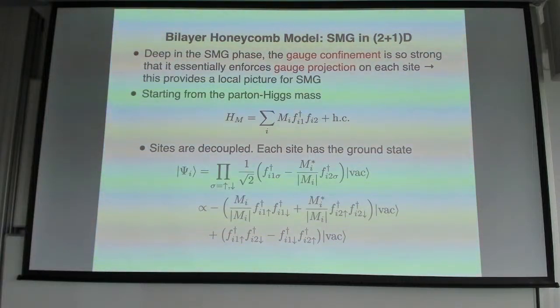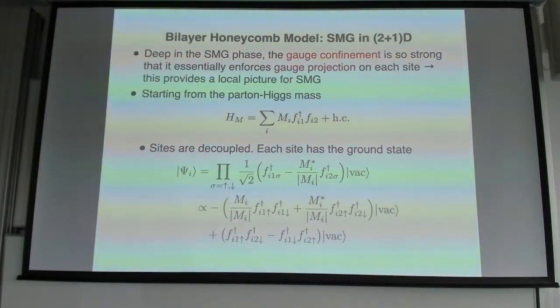If you have two fermions occupying the two sides, and they hop to each other, then this hopping leads to a bonding state and an anti-bonding state. The bonding state will be occupied by a pair of spin singlet fermions. So that's the description of the spin singlet fermion occupying the bonding state. But then if you expand this wave function on every site, you can show that it basically splits into two parts.